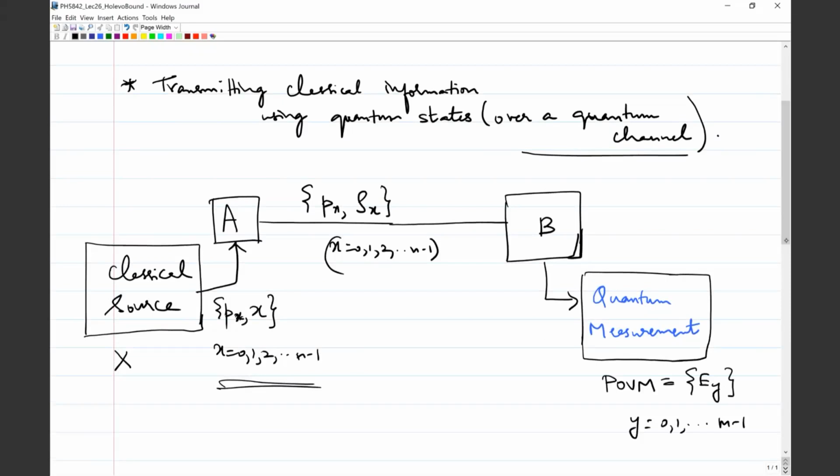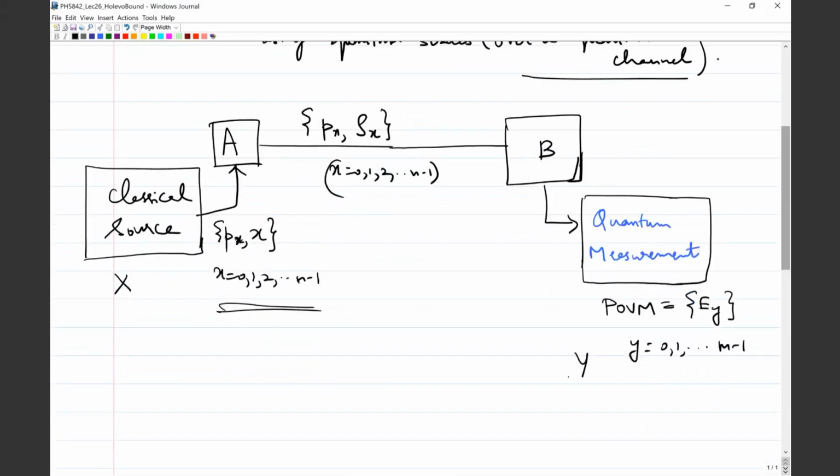And then depending on which outcome B gets, or basically what B generates by doing this POVM measurement is another classical random variable, except that this is a classical random variable y, right? Where I can of course talk about the probability of getting a particular index y at the end of this measurement.